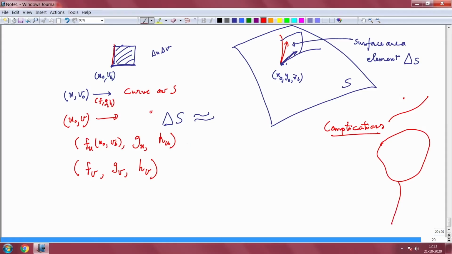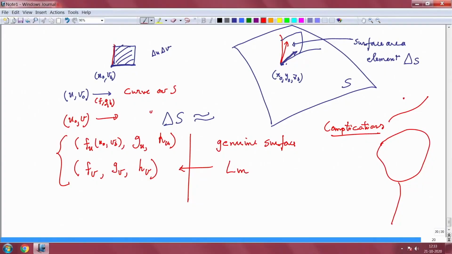So, what is the meaning of a genuine surface? A genuine surface is the one for which we look at these two tangential directions. These two tangential directions will define a tangent plane. I have to get a tangent plane there, which is equivalent to saying that these two are linearly independent.